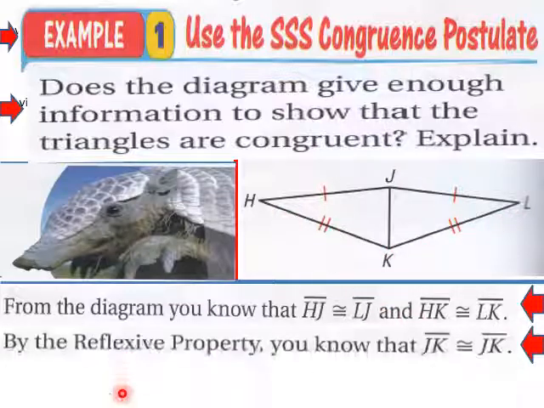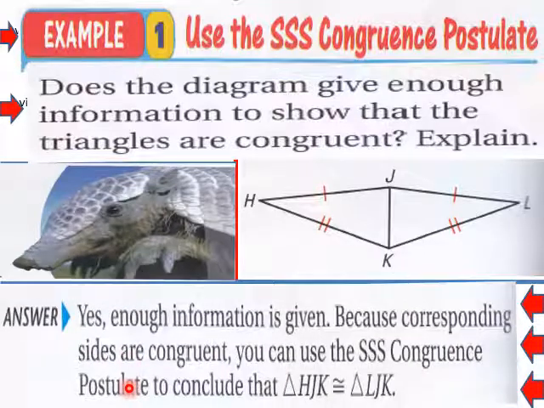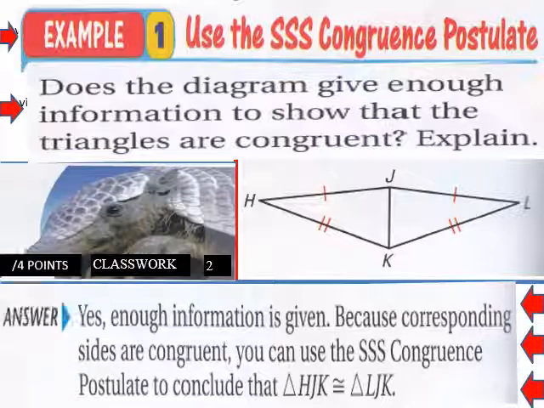By the reflexive property, you know that JK is congruent to KJ, so they share that side. So by knowing all that, yes, enough information is given because corresponding sides are congruent. You can use the side congruence postulate to conclude both those triangles are congruent.